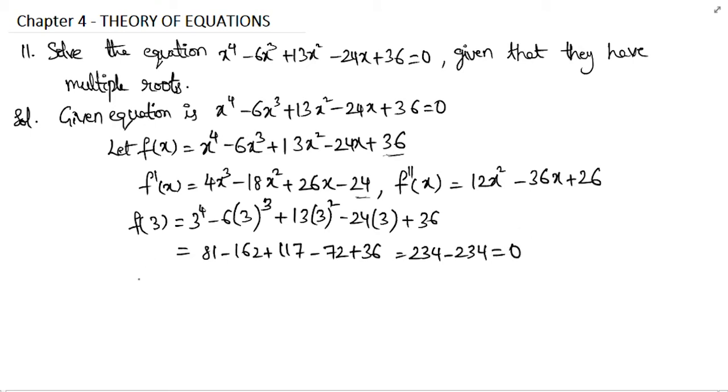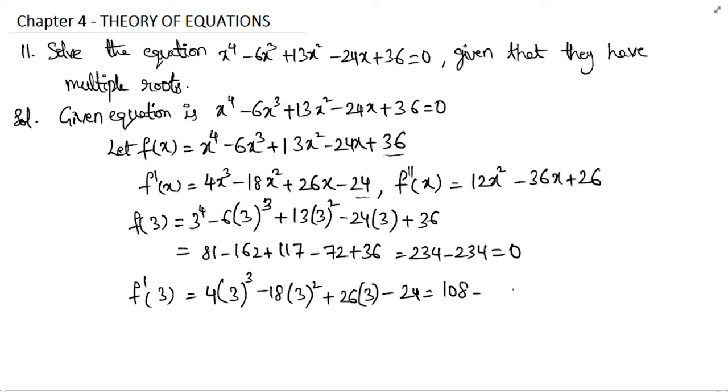Now we'll do f dash of 3. f dash of 3 will be 4 into 3 cube minus 18 into 3 square plus 26 into 3 minus 24, which is equal to 108 minus 162 plus 78 minus 24, which is equal to 0 again.